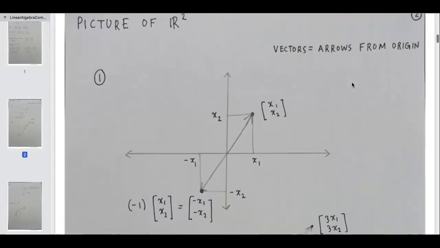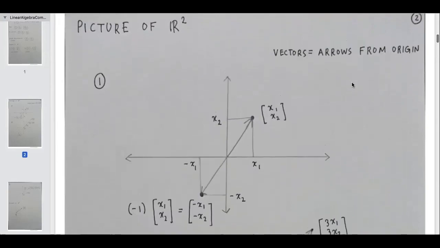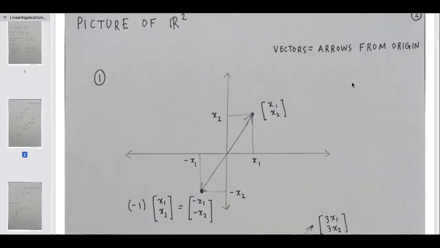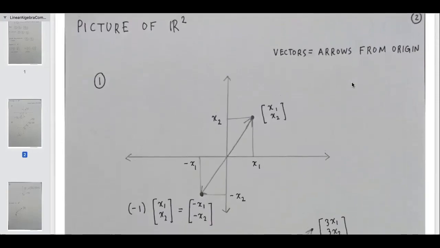Now we can also picture these vector spaces more geometrically. First, let us look at the picture of R2. What does R2 look like? For each vector in R2, I want to think of it as an arrow that starts from the origin and goes to some point in your standard Cartesian plane, the two-dimensional XY plane.